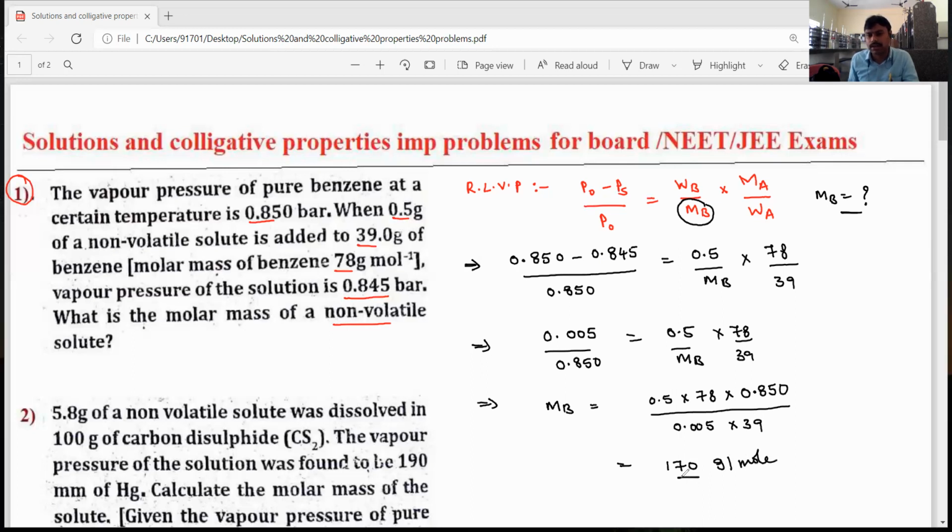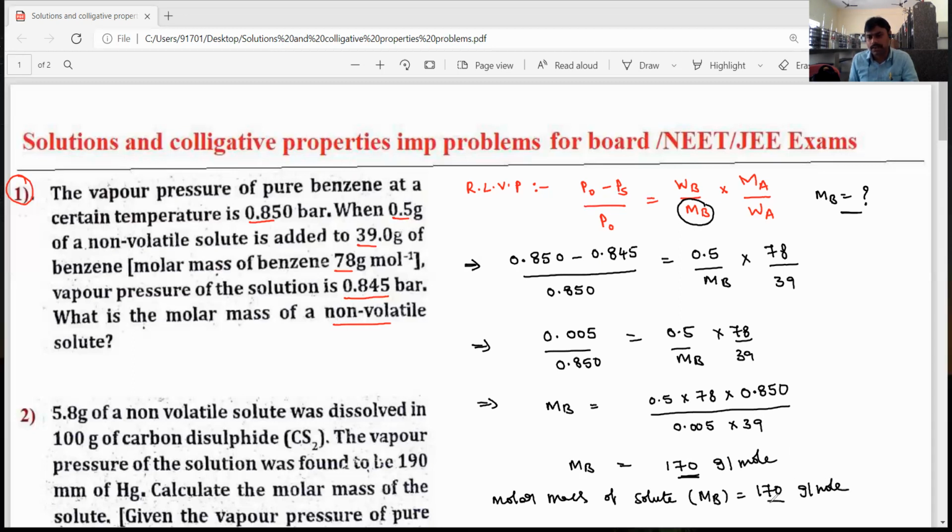So the answer is the molar mass of solute, MB, equals 170 gram per mole.